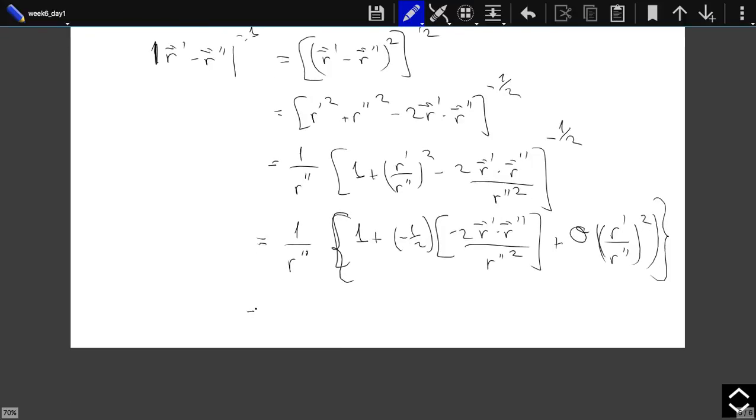And this leaves me with 1 over R double prime plus R prime dot R double prime divided by R double prime cubed.